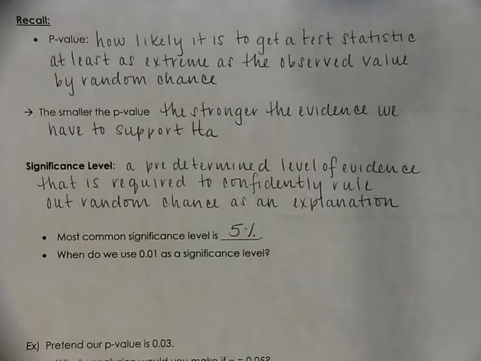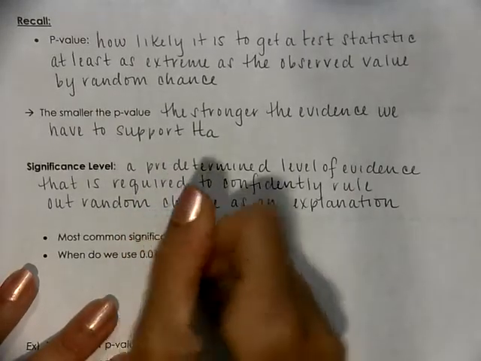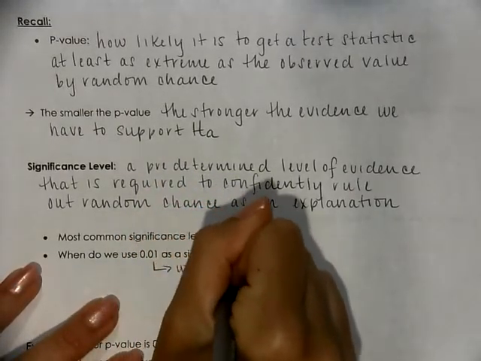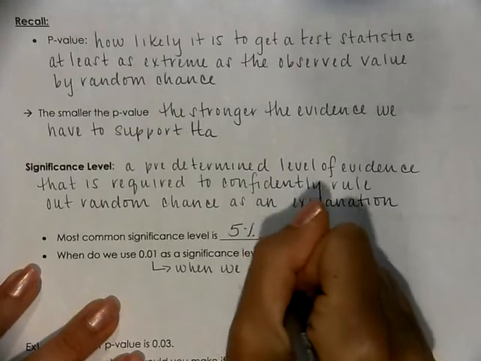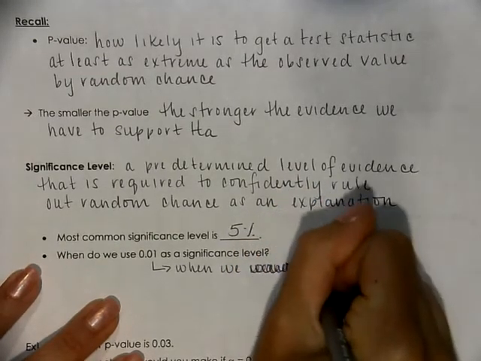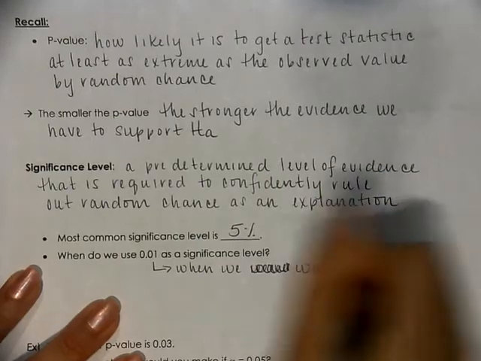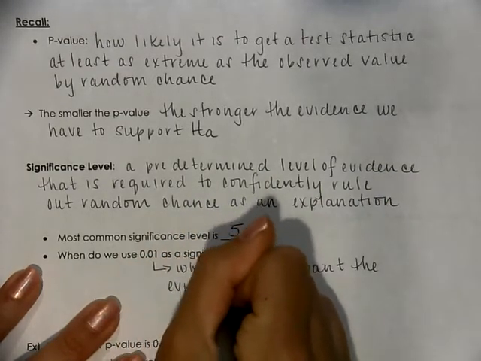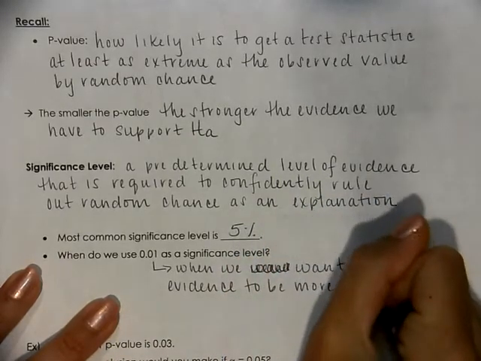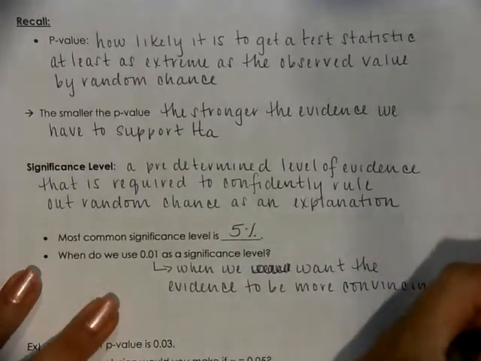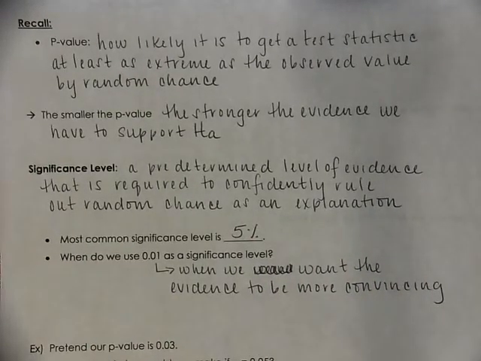So if 5% is the most common, why would we use 1% or 0.01 as a significance level? Well, we would use that when we want the evidence to be more convincing.